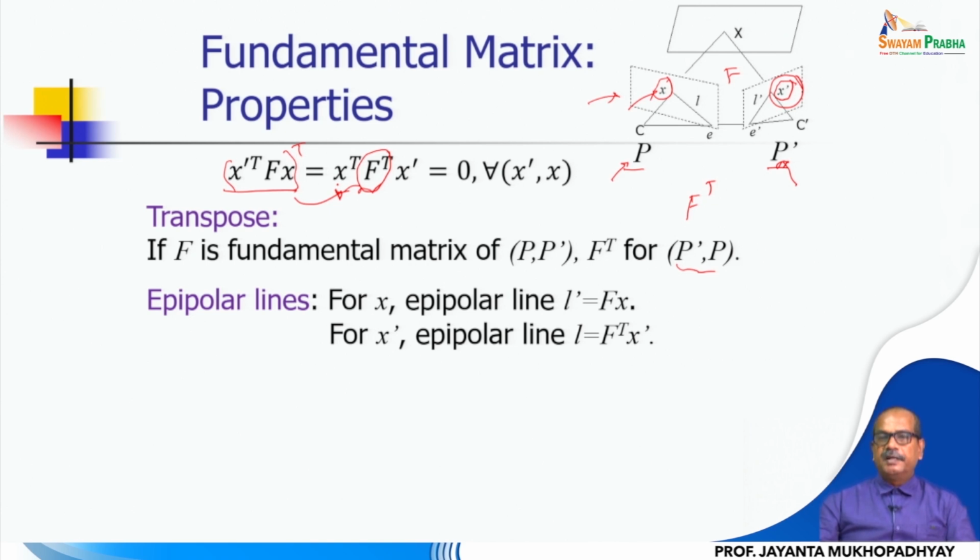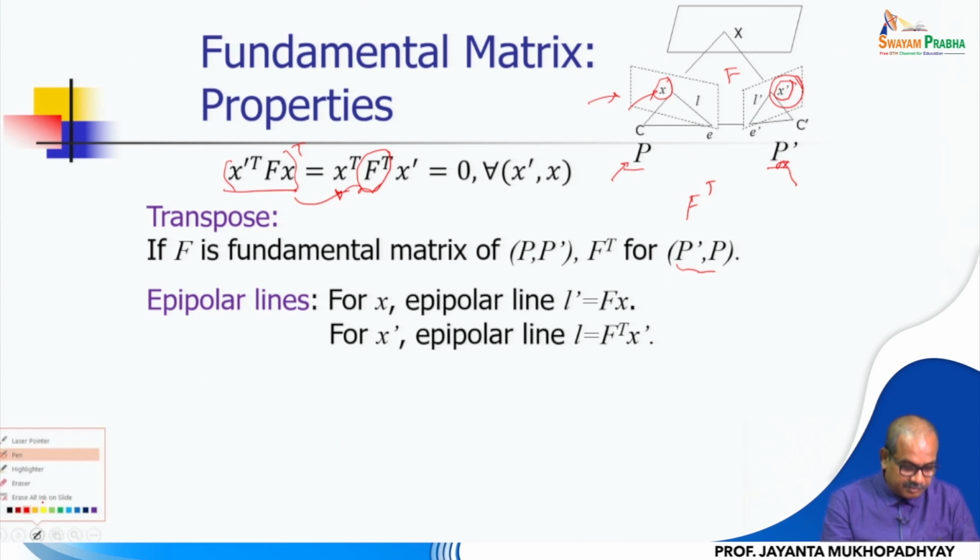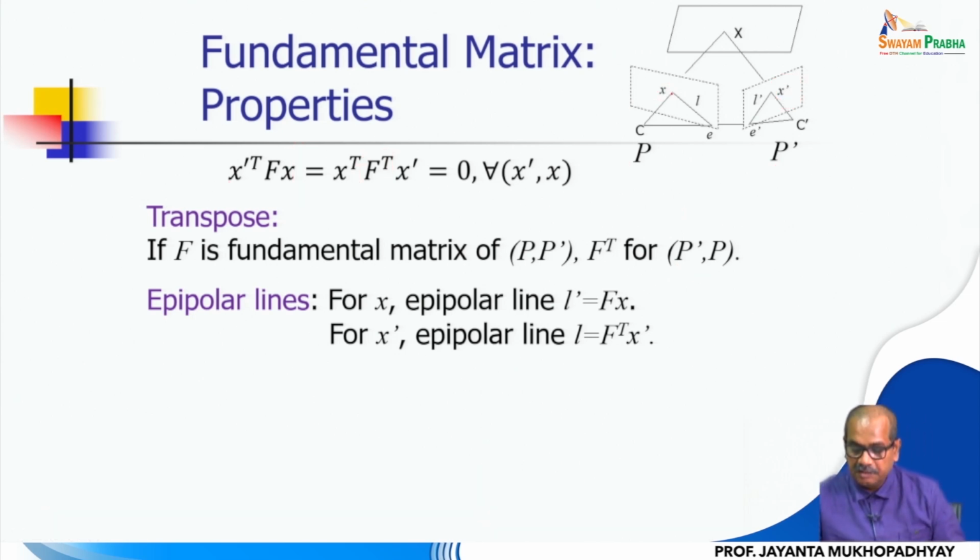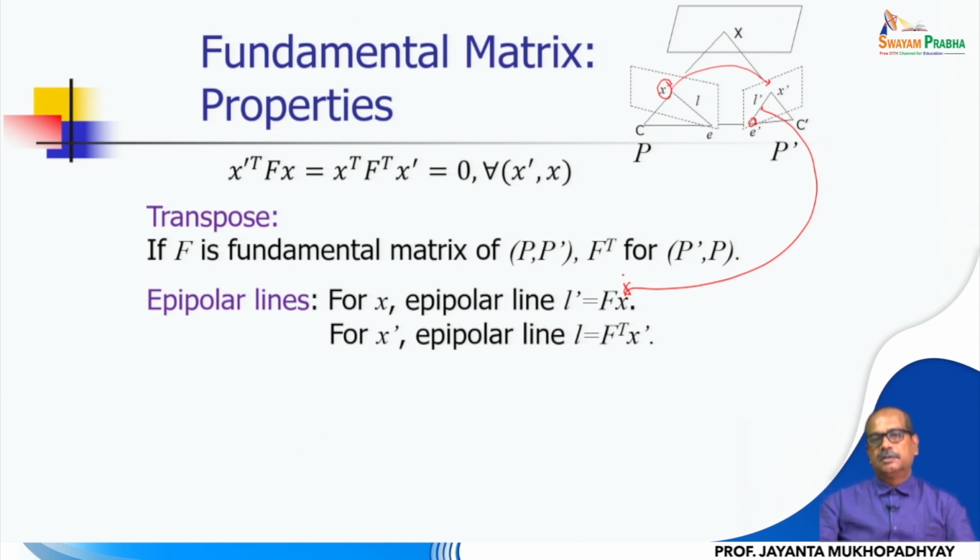From the fundamental matrix you can get the epipolar lines, which pass through the epipoles, and an epipolar line contains the corresponding point. Let us consider this diagram once again. For this point, its corresponding point lies on an epipolar line which passes through the epipole, and this epipolar line is given by the product of the fundamental matrix and the point.